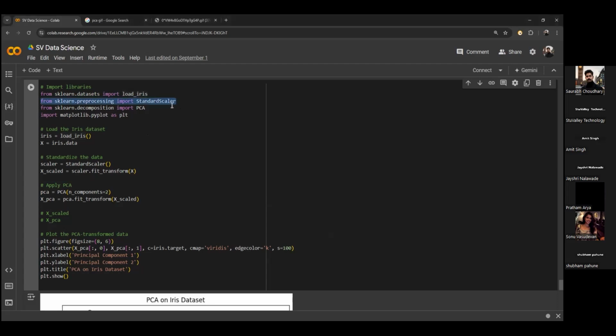For standardizing the data, use this: import PCA, import matplotlib, load the data. So before we move forward, let me show you what is X here.